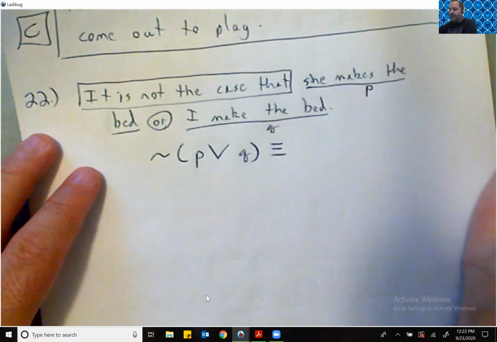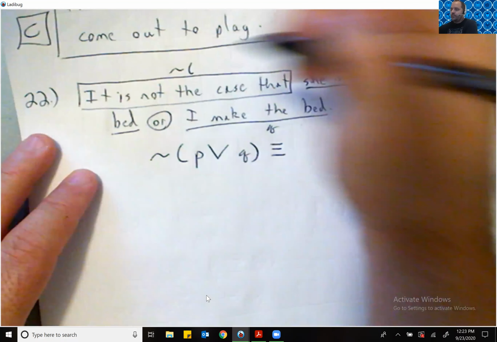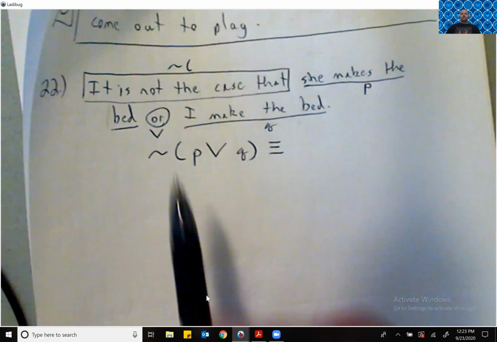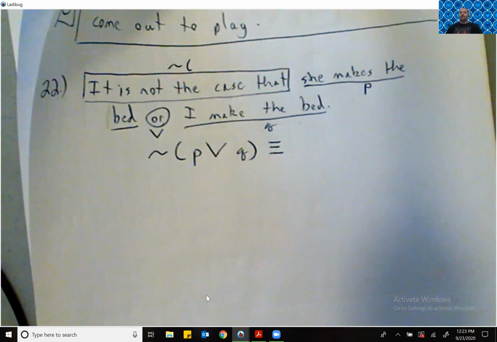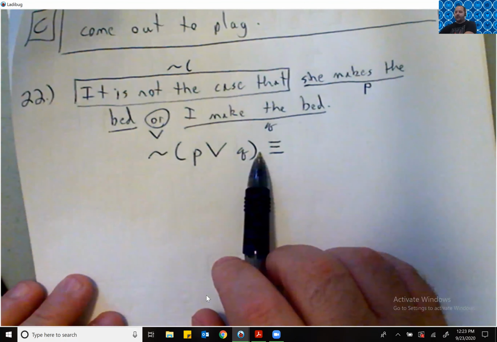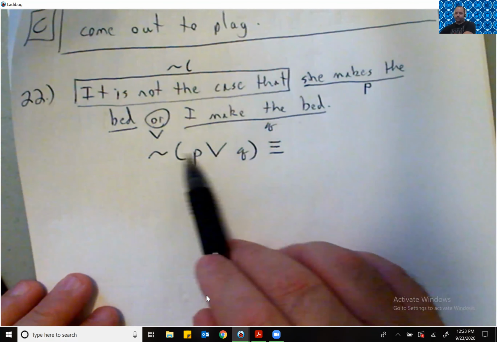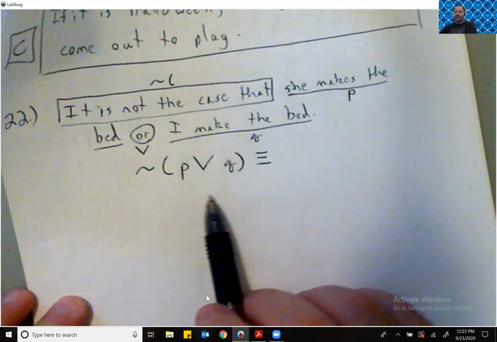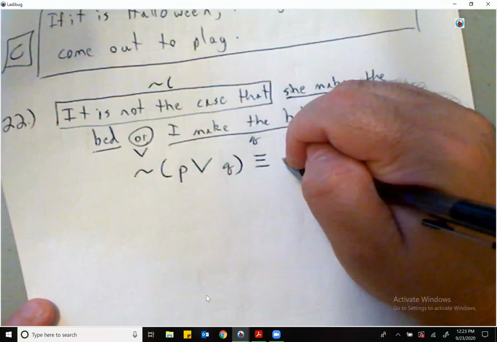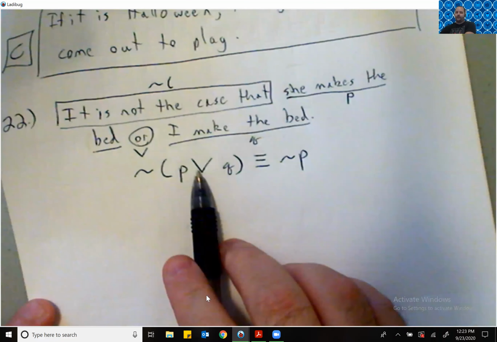So De Morgan's, and I use this very loosely when I say this, it's kind of like the distributive property. It's going to distribute through this parenthesis and change everything. So this P becomes negate P. What does the negation do to an or?